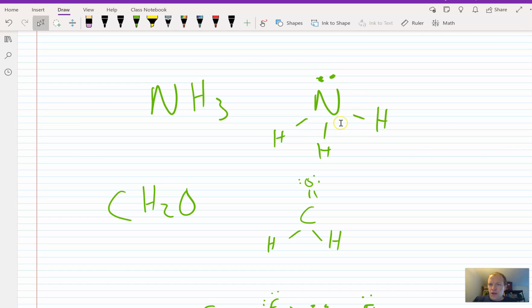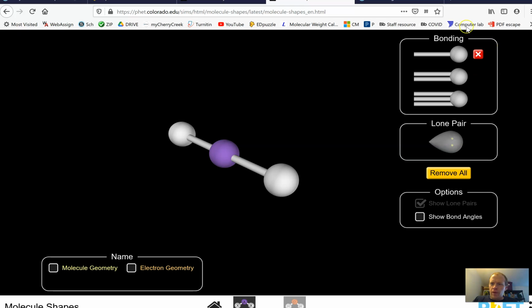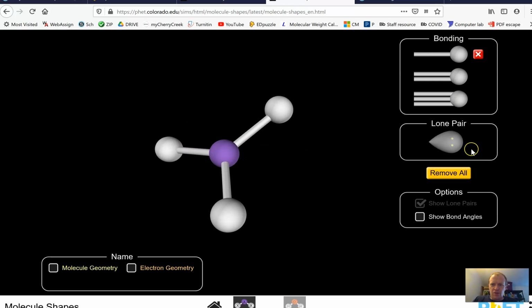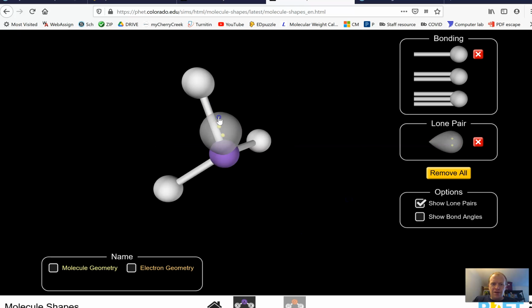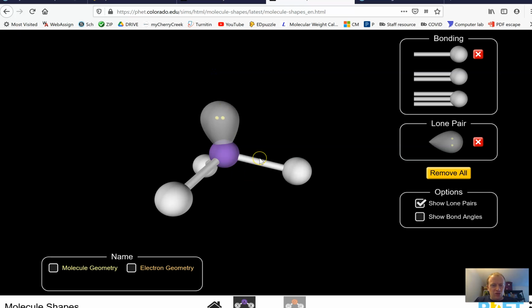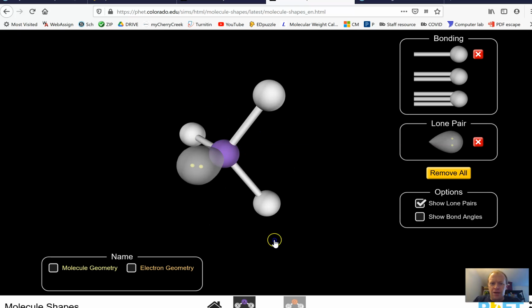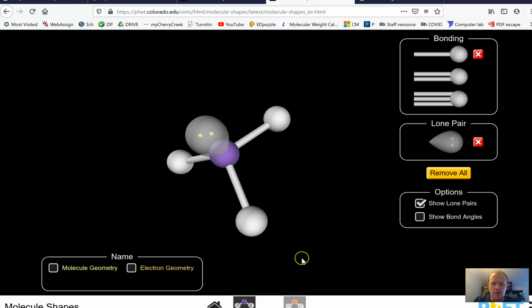It's got one lone pair and it's got 3 single bonds to it. So it already has 2 things bonded to it. I can add a third thing to it and I can pop on that lone pair. And then I get more or less the same shape that we were just looking at, the trigonal pyramidal shape. So by adding lone pairs and bonds and such to the central atom, I can get an idea of its shape, and this can help me visualize symmetry.